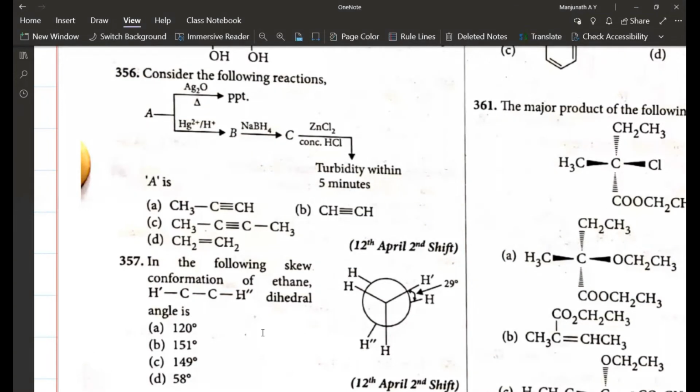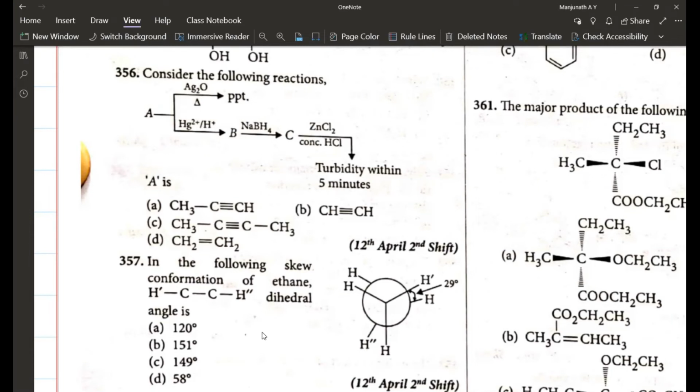Yes or no? Anyway, we will solve 356 and go ahead, because we have already revised this chapter, hydrocarbons. I don't think we will be able to revisit hydrocarbons again before the first JEE Mains. So we solved it off.